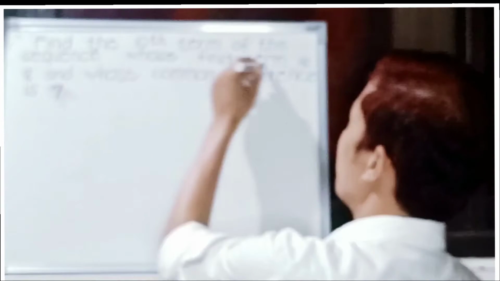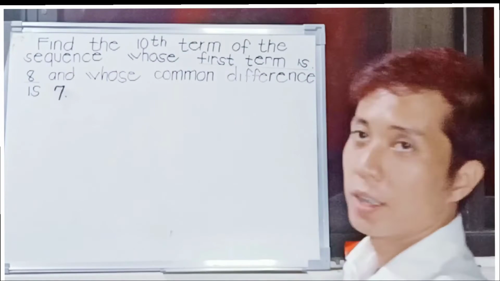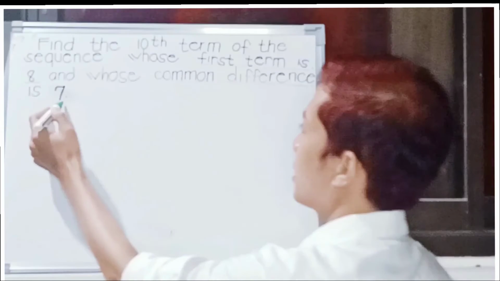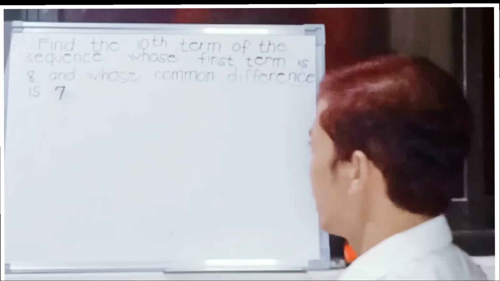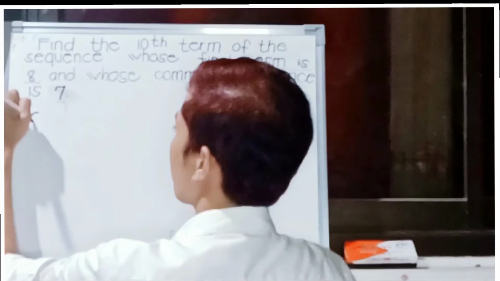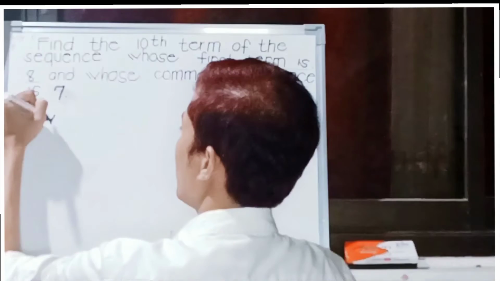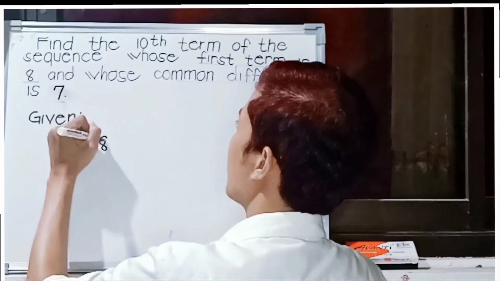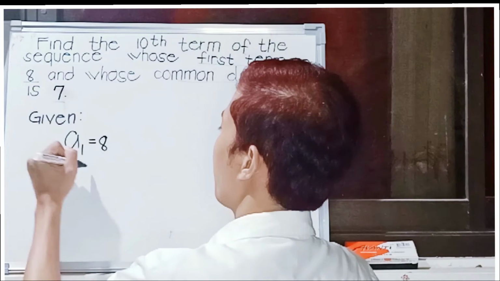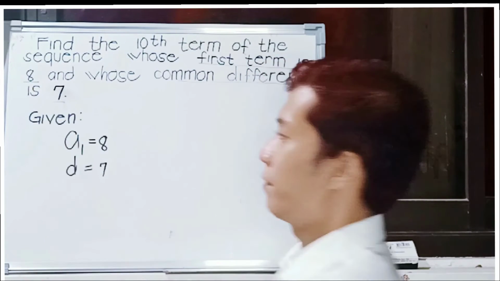Our first term here is 8 and our common difference is 7. So let us write down the given. Given in this problem, since it's already indicated in the problem, first term is equal to 8 and our common difference is equal to 7.